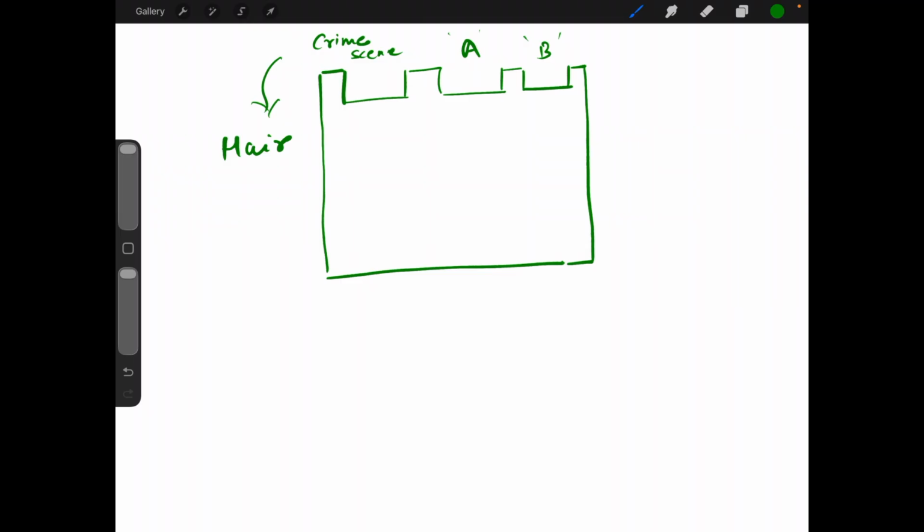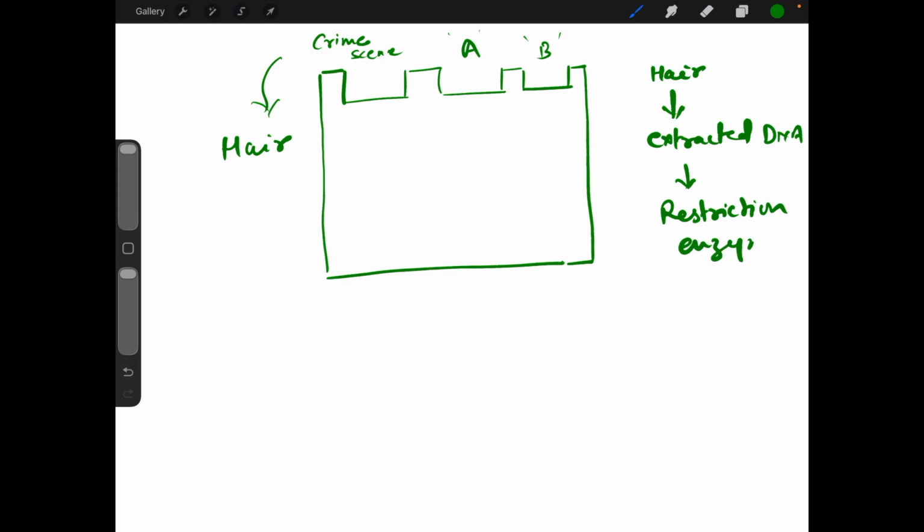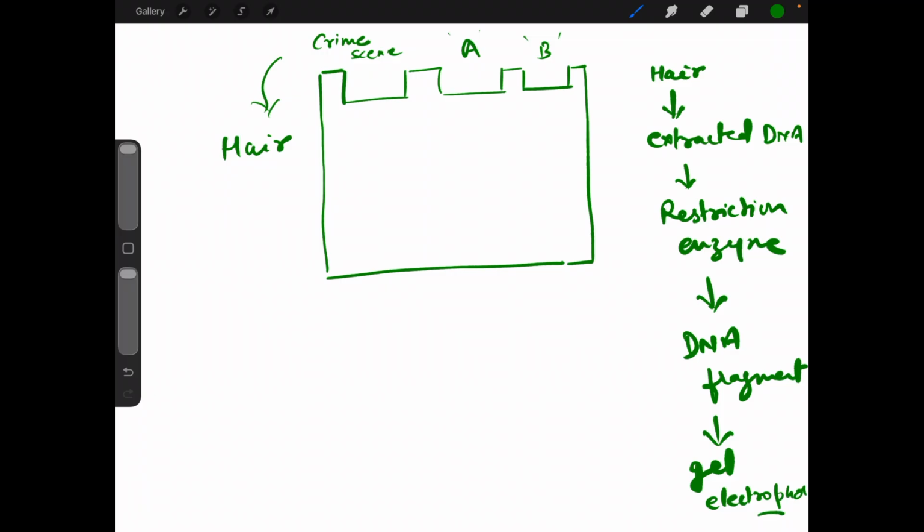The people from the forensic department took the hair strand, extracted DNA from it, and then used restriction enzymes, and now we have DNA fragments that will be run on the agarose gel electrophoresis.